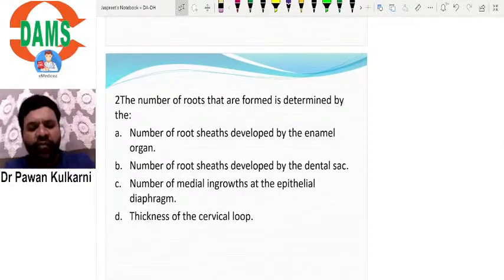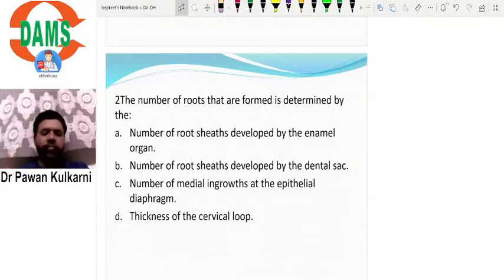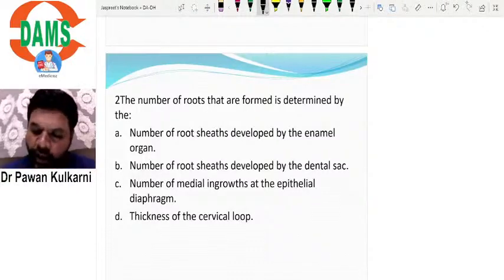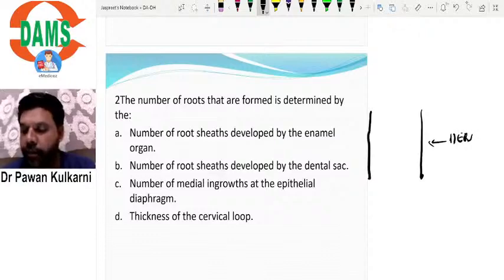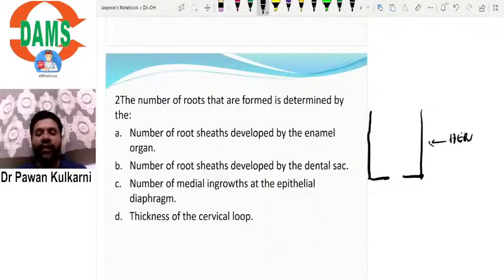The number of roots that are formed is determined by the number of medial ingrowths that occur at the epithelial diaphragm. We know that the cervical loop will give rise to a downward extension called HERS, and this HERS will form a medial growth, which is called the diaphragm.